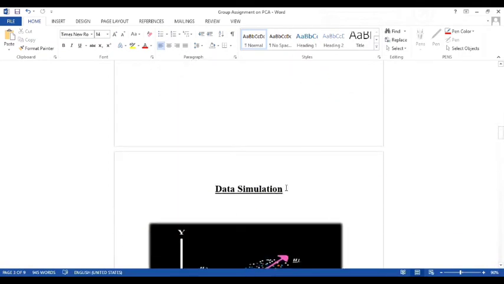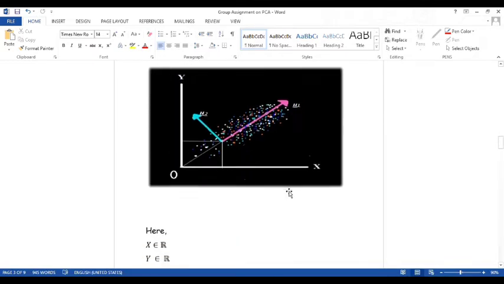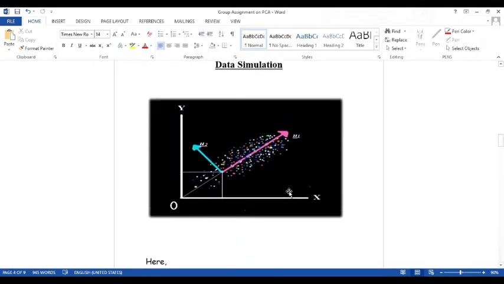Next we come to the data simulations, and this is the main part of this assignment. There we see a graph with various colored points, and these represent data points.